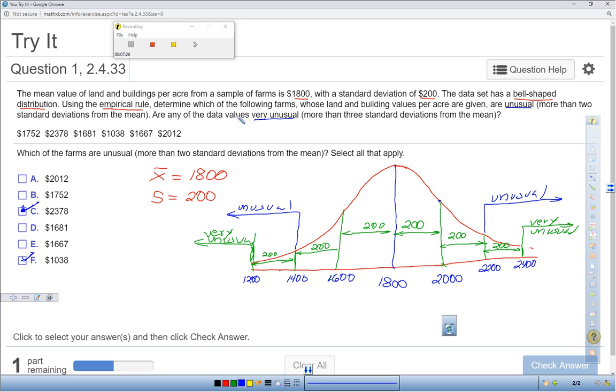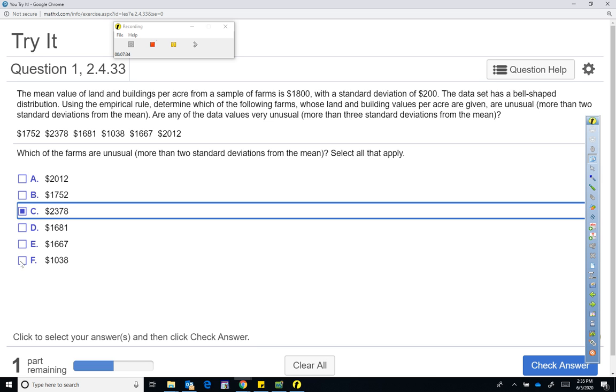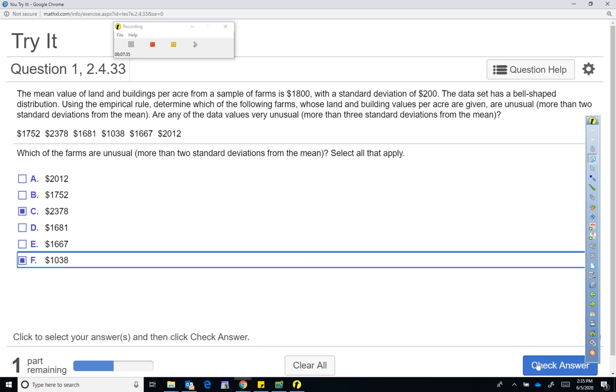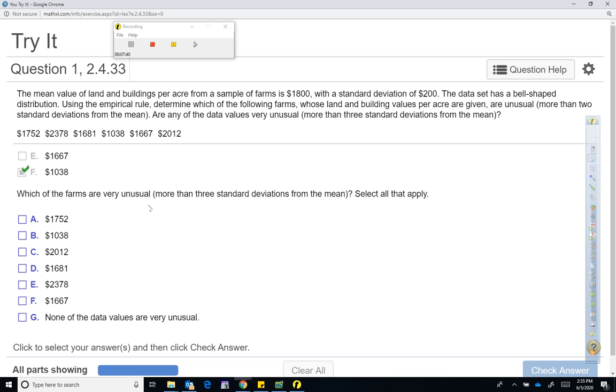Let me answer this question. C and F, both are unusual. And now it's asking which one is very unusual. The one that is very unusual is this one, the 1038.